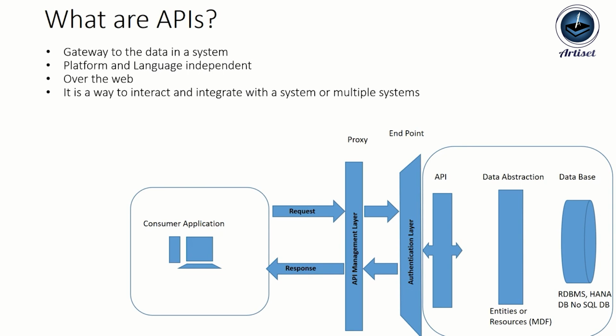Hence, we can conclude that APIs are universal and open in nature, and they help integrate multiple systems based on different platforms, and it facilitates the exchange of data over the internet.